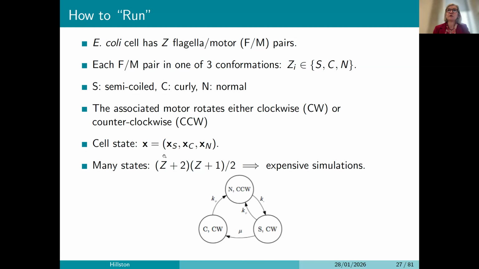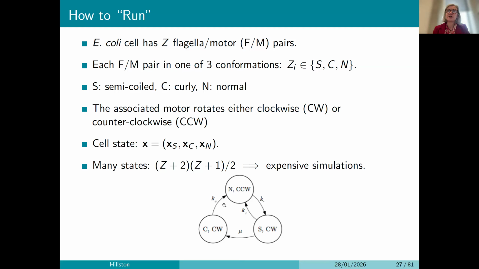And within a single cell, we will have a number of these flagella, each one of which is in this state: semi-coiled, curly, or normal. And so we can think of the state of the cell as the count of the number of flagella that are semi-coiled, curly, or normal. So these X just represent counts. And so we have many different states because we have Z of these pairs, and each one can interact with the others.